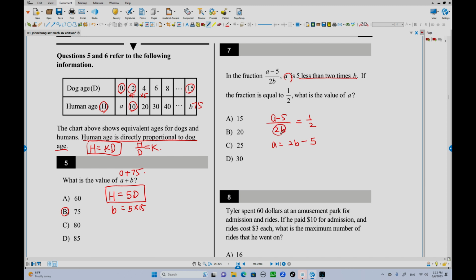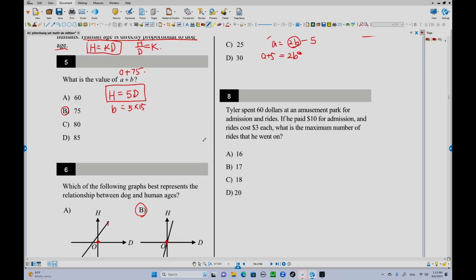We eliminate b over here. 2b equals a plus 5. Now cross multiplication. 12 minus 10 equals a plus 5. So minus a both sides, plus 10 both sides, 15. So a equals 15 is the answer.